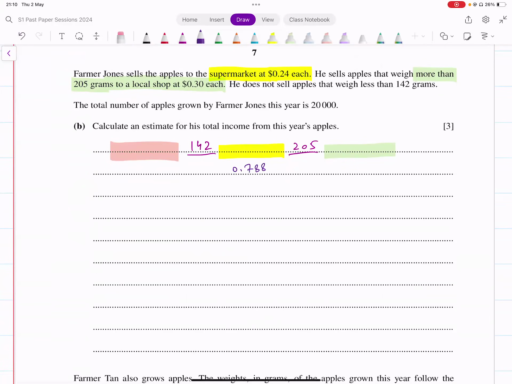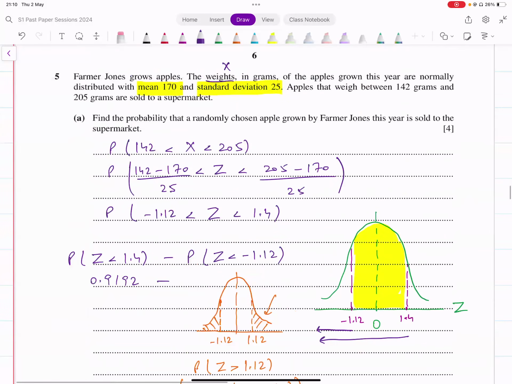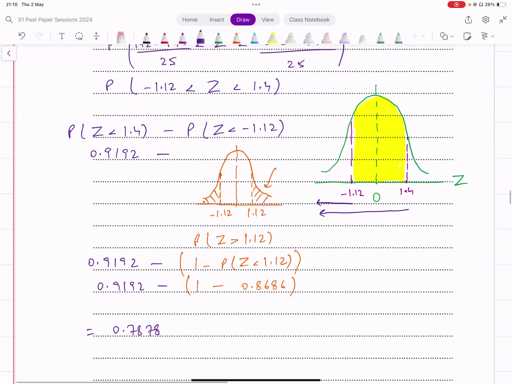If you want to write this as a percentage, you can say 78.78% of apples fall in this category, in the middle region. Now, what about the ones on the sides? Can we figure those out somehow? Are we given any information about that? No, but have we found any of that in the working that we did in the first part?